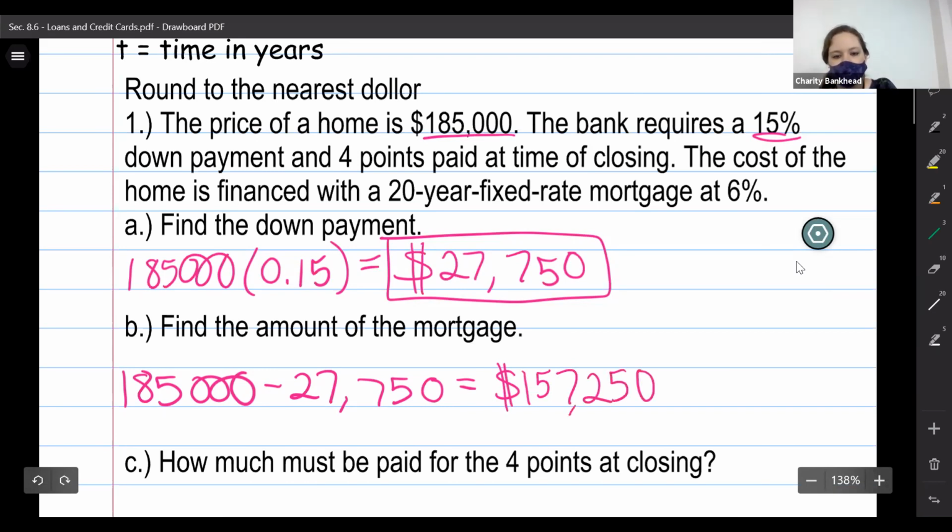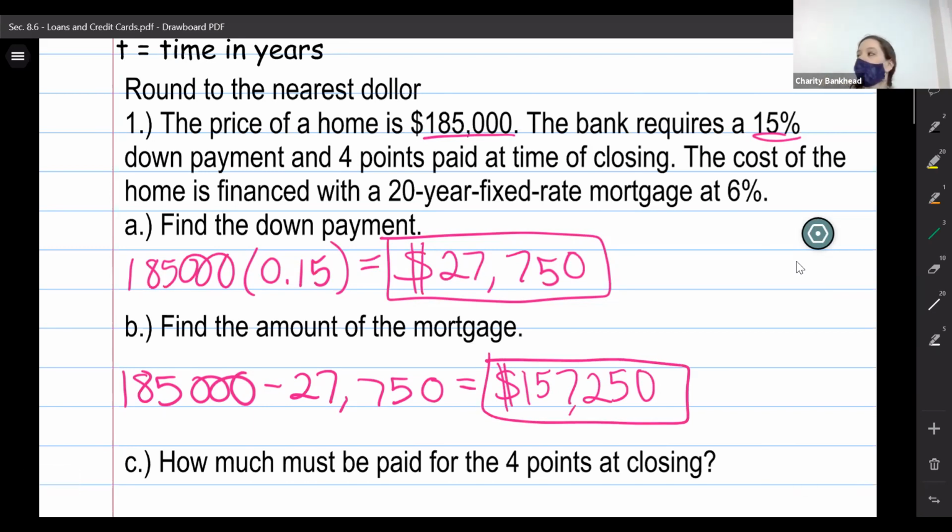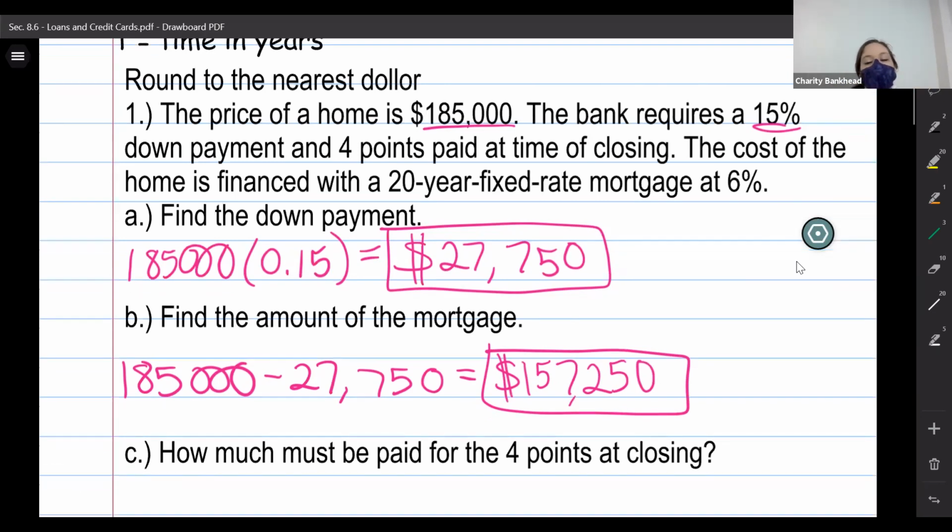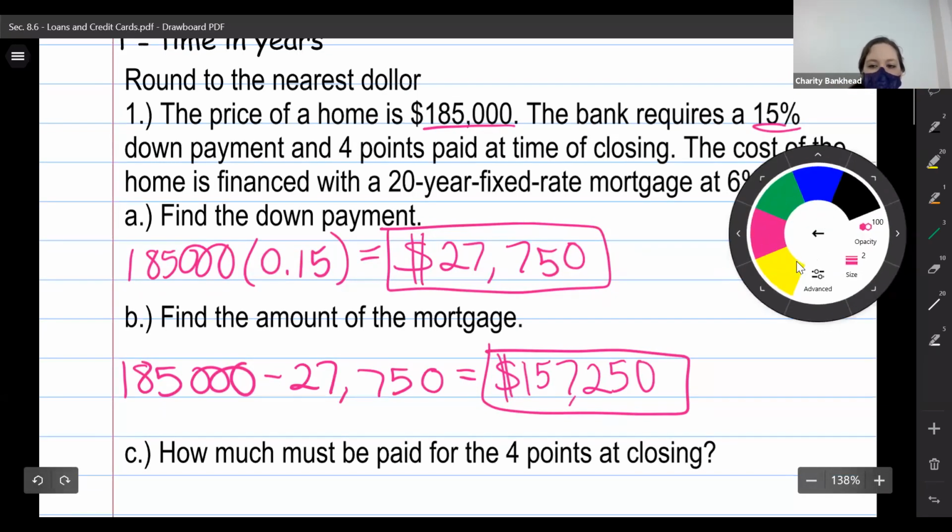So $157,250 is the amount of the mortgage. So that means that's the amount that you are actually going to borrow, which means that is the principal. So that's the principal of your loan.